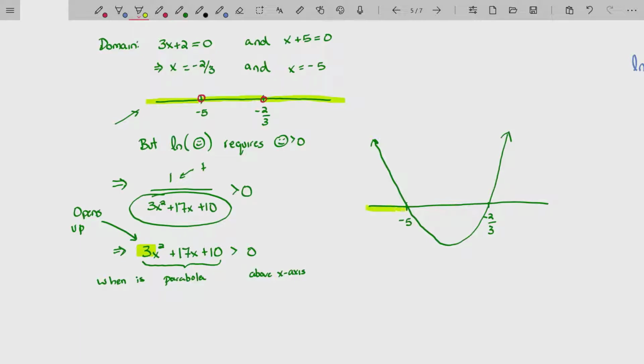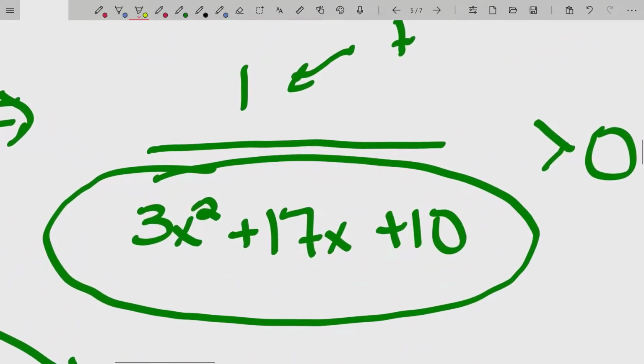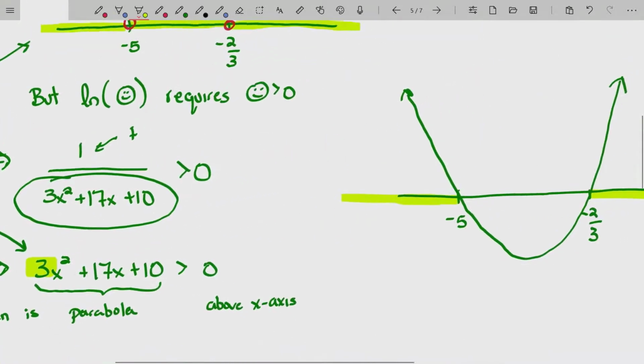It is above the x-axis for x equals -infinity all the way up to -5. And from -2/3 to positive infinity, we need it to be strictly above the x-axis, because if it's not, it will be at the x-axis and the denominator here will be 0. So we require that we're strictly above the x-axis.